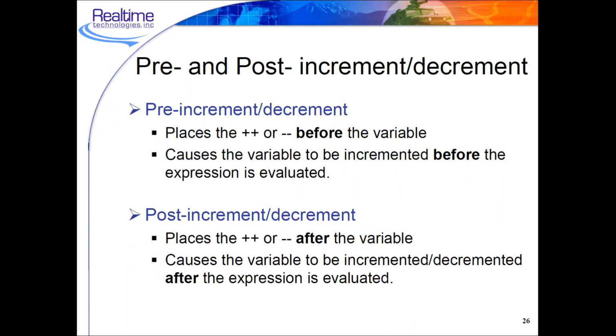So pre and post increment and decrement. You can either count before or count after, and we use these counts basically in our for loops and while loops to show how many different loops or iterations it will go through before it reaches its stop.